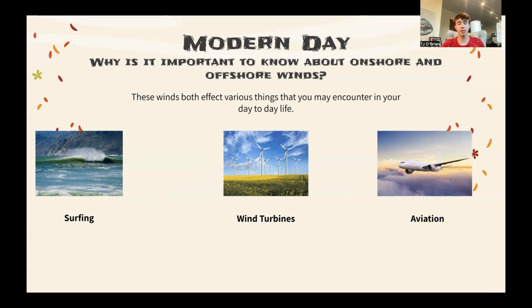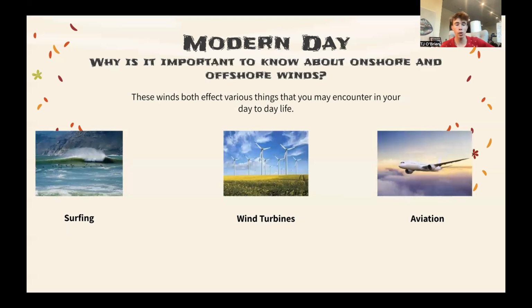And the ones that are set up in the ocean tend to create a lot more energy because the offshore winds don't have any man-made buildings or hills or structures in their way blocking the wind and stopping the wind speed like what happens to the onshore winds. So having offshore winds tends to create a lot more energy and power for these wind turbines, these windmills that are set up so that you can have power at your homes.